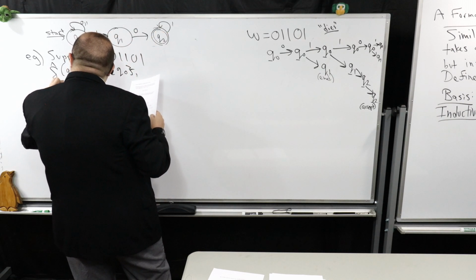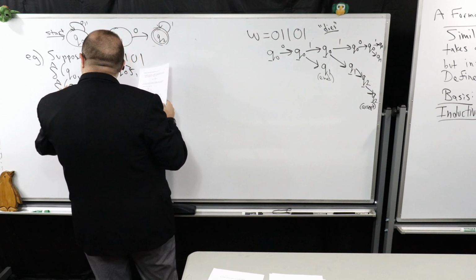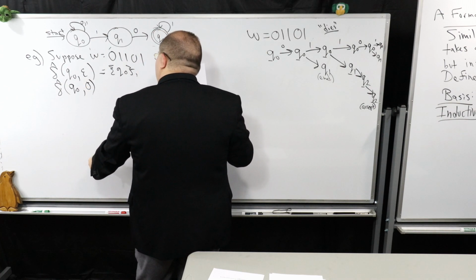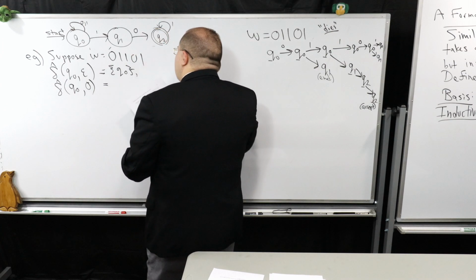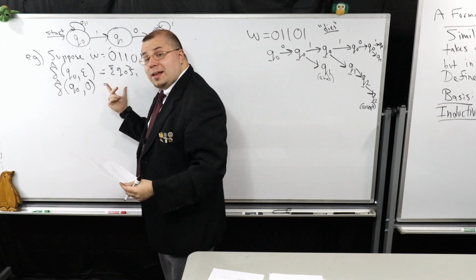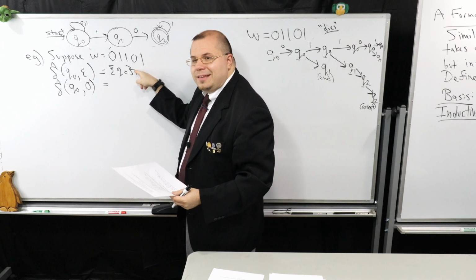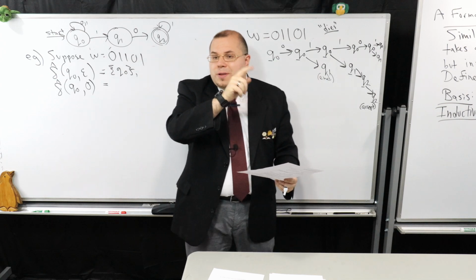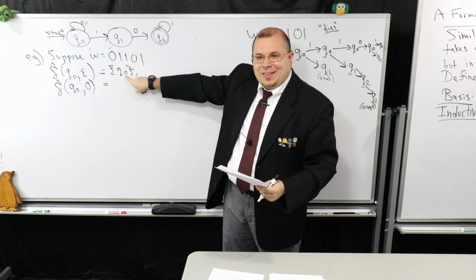Next, I read the first symbol, which is a 0. So I have q0, 0. Remember, I'm going to build up to my w here on the left side. Now this is where it's going to get a little bit interesting. I already have a set of states here. This is my P's in that definition: P1, P2, P3, all the way up to Pk.